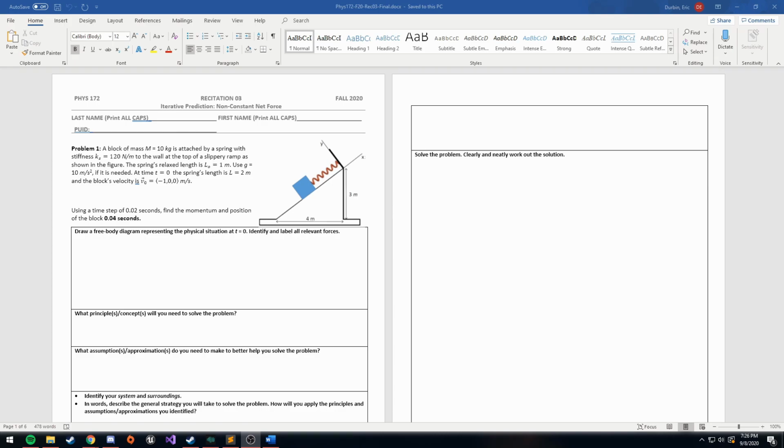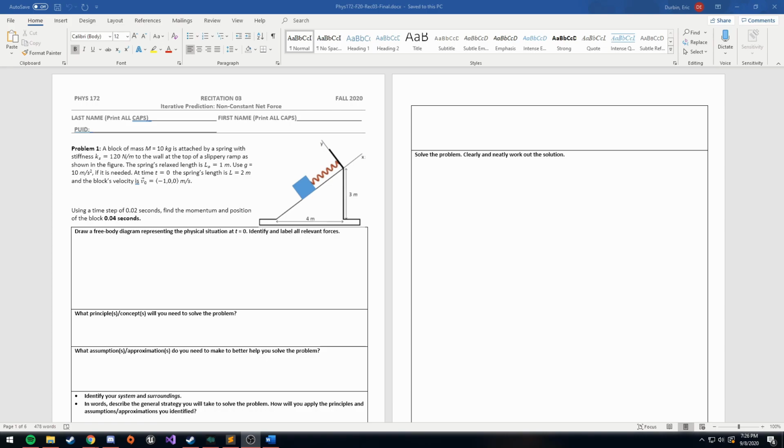The force of spring is pointing in positive x, and the velocity is in the negative x direction, and that's -1 meters per second. Other relevant information: t equals 0.0, dt is 0.02 and t is 0.04, for the future.